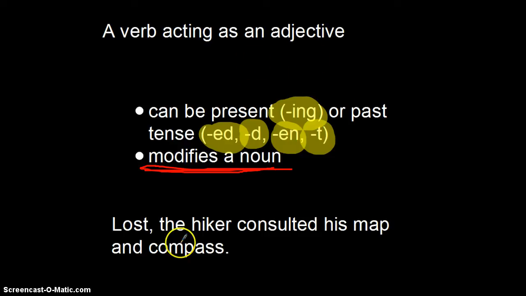So when you see "Lost, the hiker consulted his map and compass," lost is modifying the noun hiker. It's describing him, or her. Now, it uses this -t ending, so it's in the past tense. And if I were to give you this sentence on its own, "The hiker consulted his map and compass," and ask you to add a participle, you would know to use a past participle because consulted has an -ed on it.